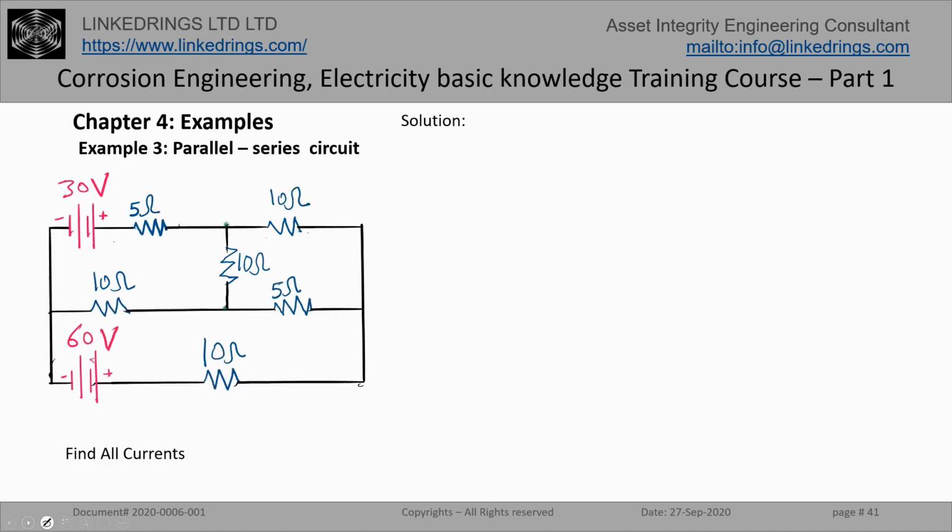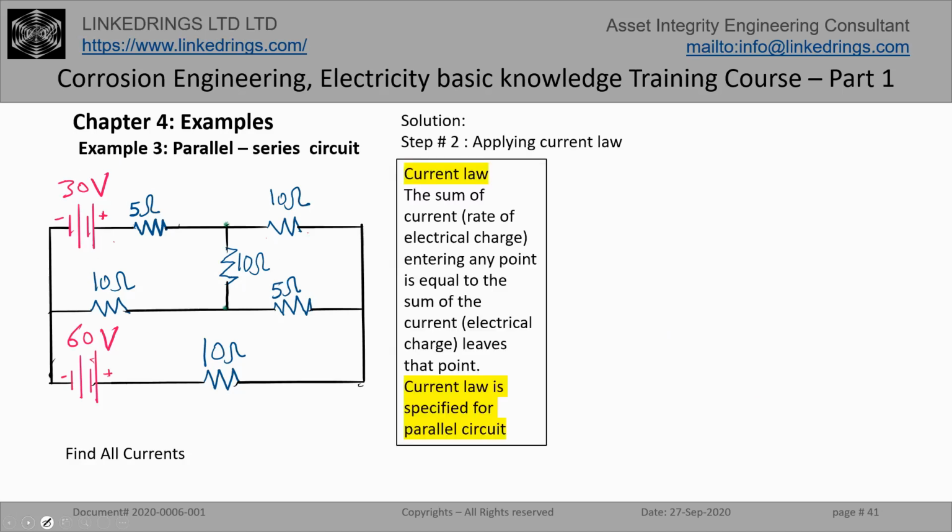This is our circuit. This is the current law, so let's start with it. This current is I1, going in this direction, and the current will be divided into this current, I2, and the other current, which will be I1 minus I2. Then a new current goes in this direction, called I3.